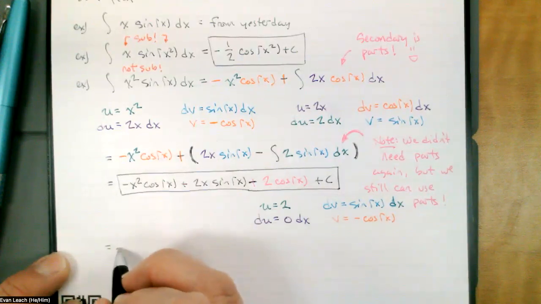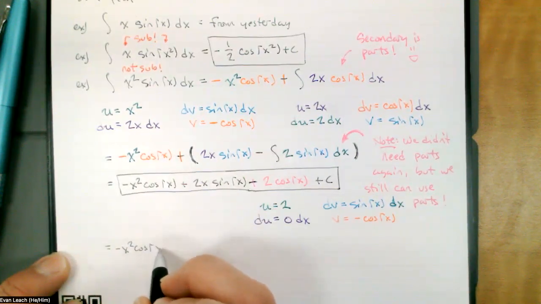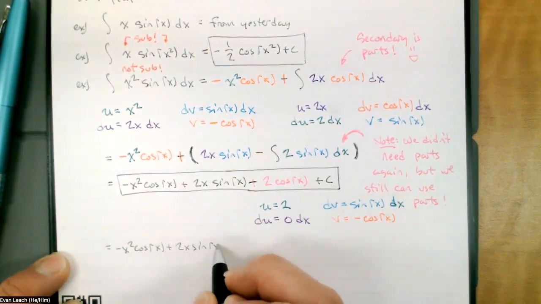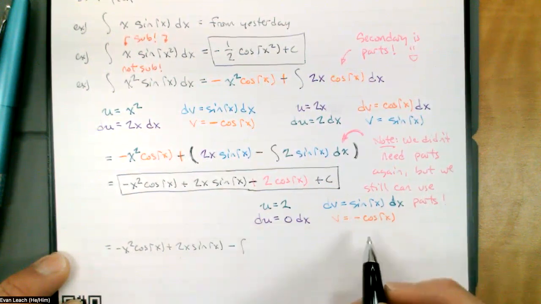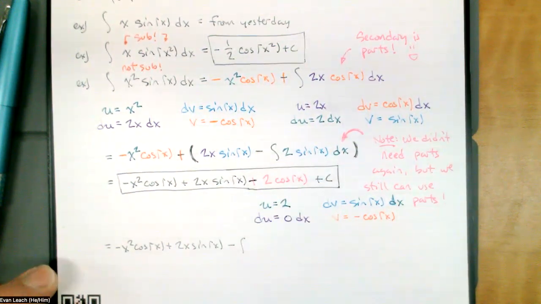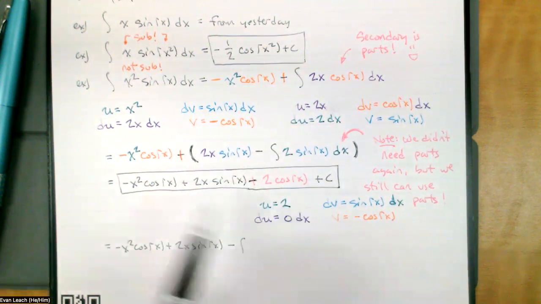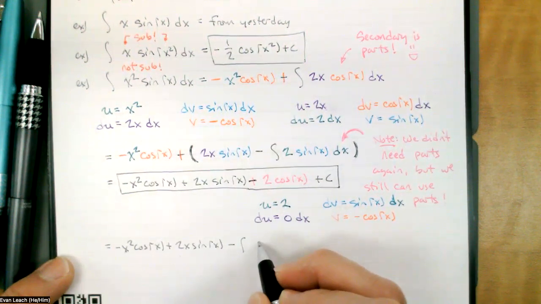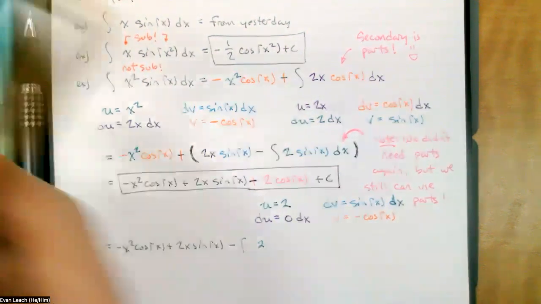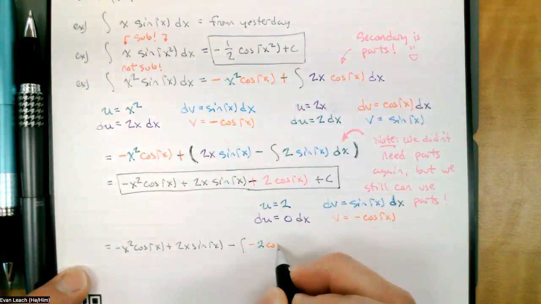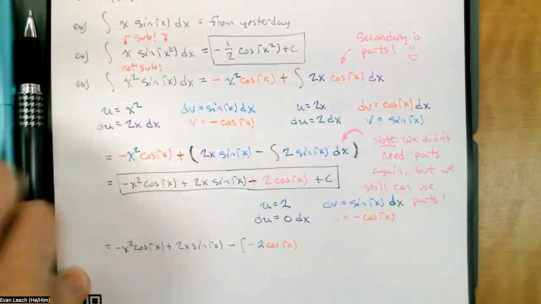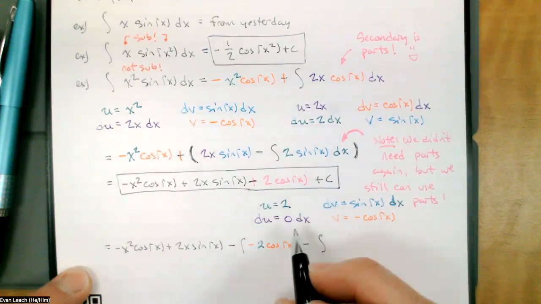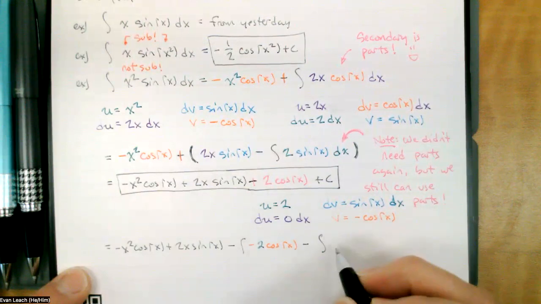So I'll still have this term x squared cosine x plus 2x sine x minus the integral of 2 sine x dx. And that will be built with uv minus the integral of v times du, which is getting multiplied by 0.